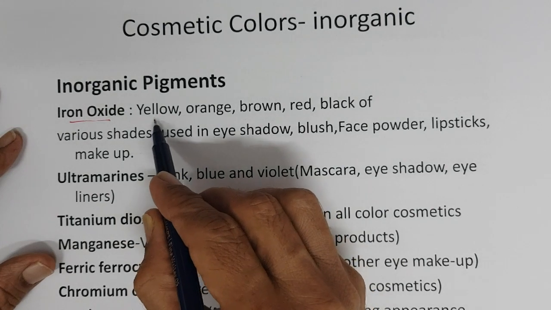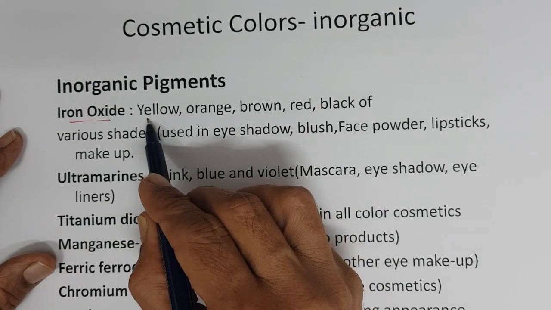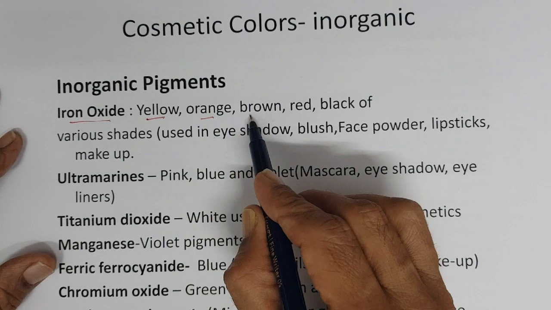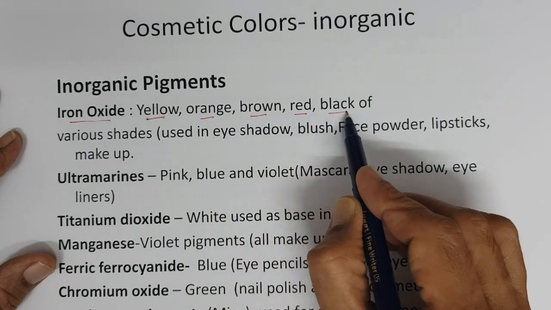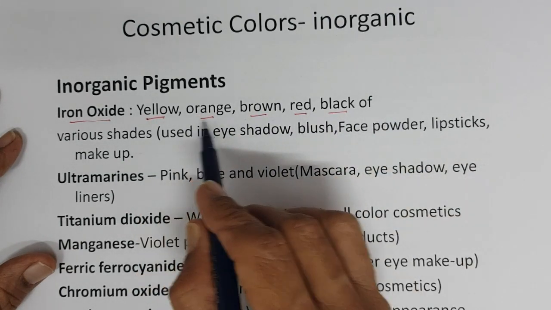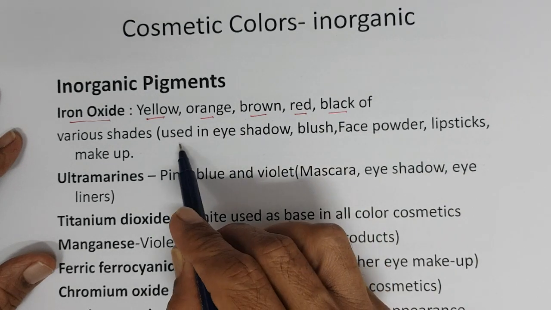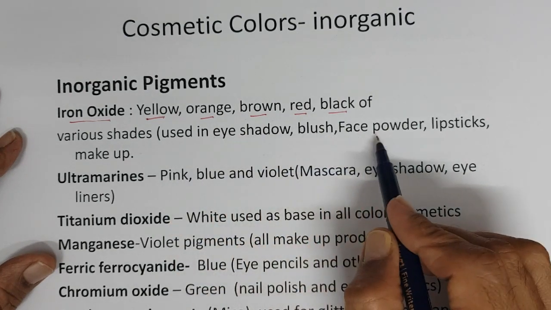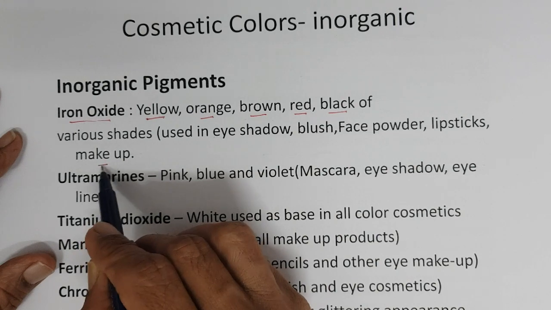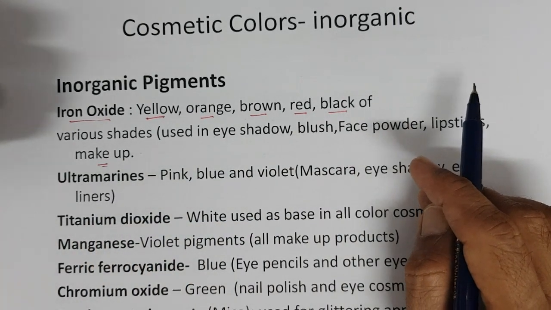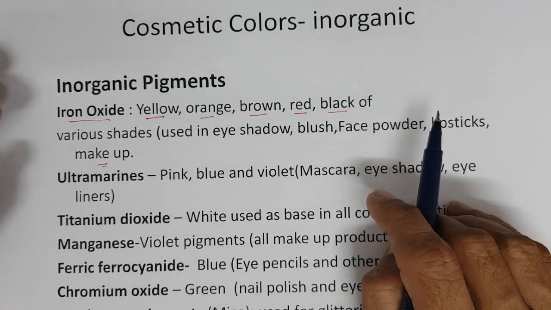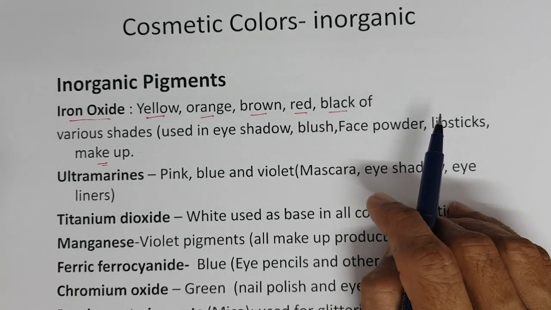Iron oxide is available in various colors: yellow, orange, brown, red, black, or various shades of yellow, various shades of orange. Used in eyeshadows, blush, face powders, lipsticks, makeups. It's used in various products. Iron oxide pigments are very useful.